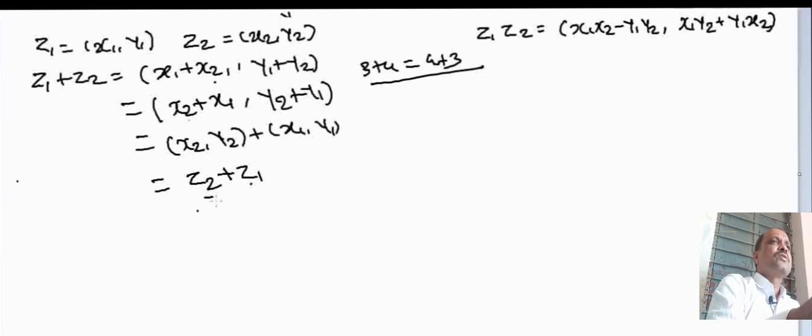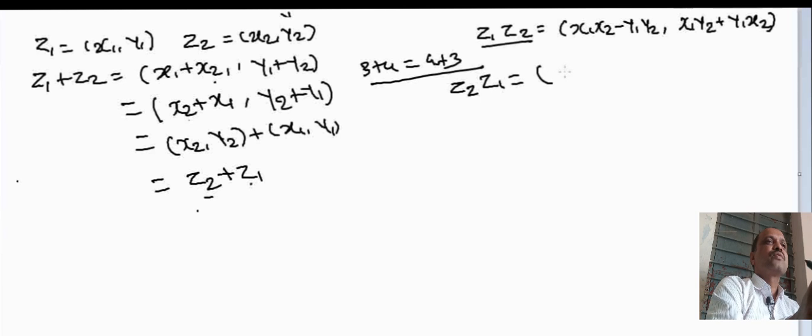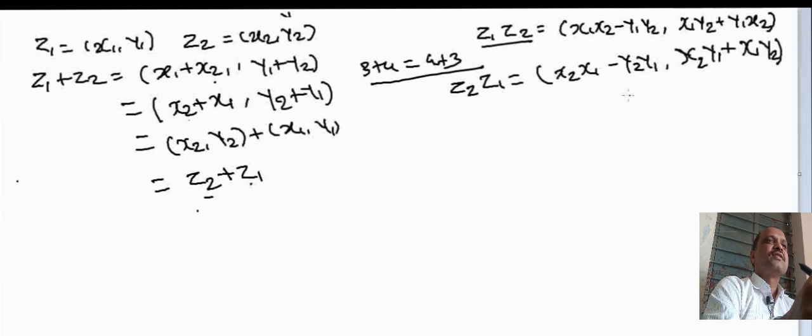This also happens with z2 into z1 and z1 into z2. If we write z2 into z1, we get (x2 x1 minus y2 y1, x2 y1 plus x1 y2), and you can see that this is commutative.